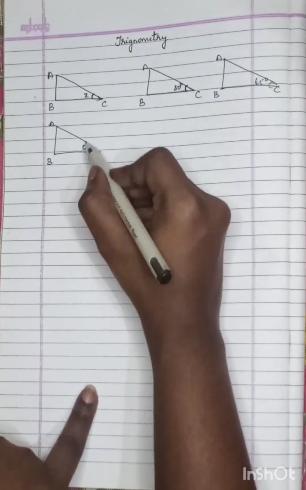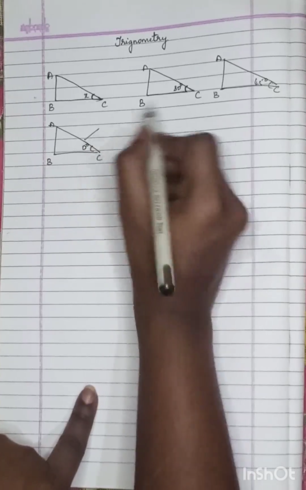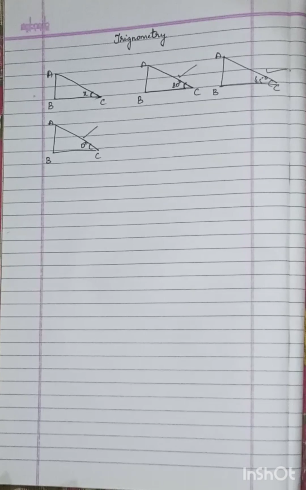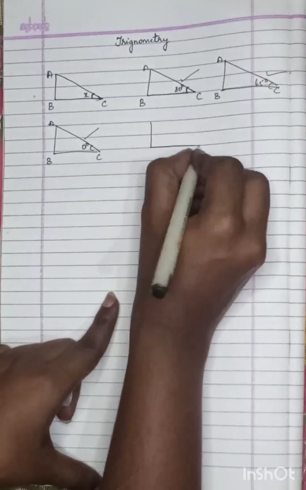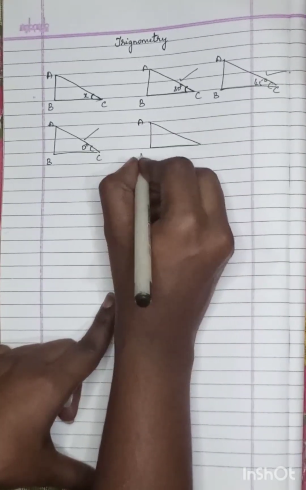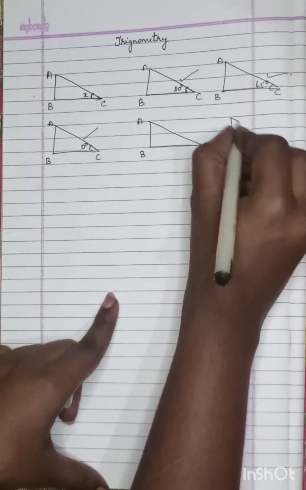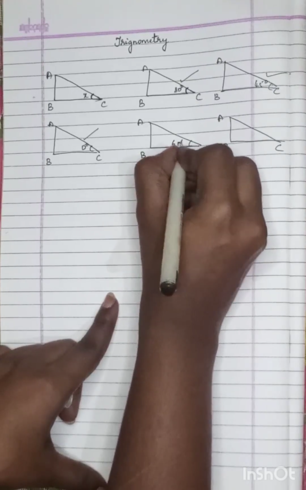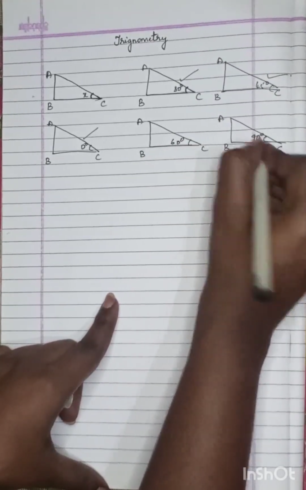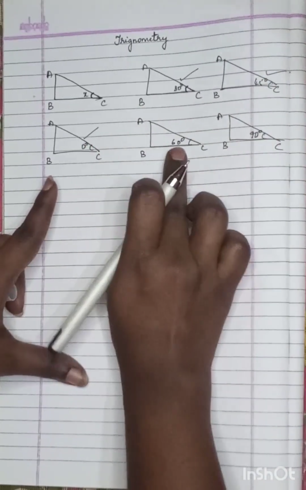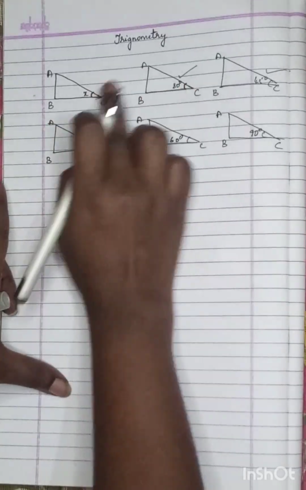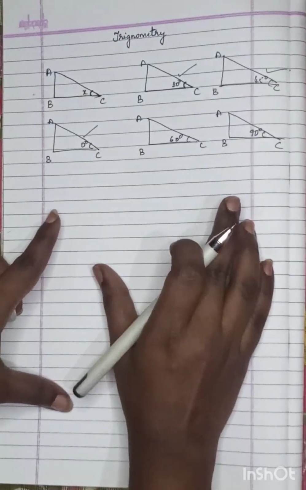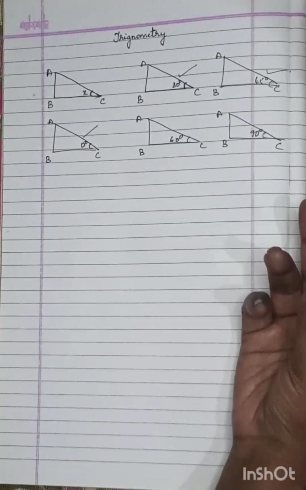So for each and every angle, for 0 degree, for 30 degree, for 45 degree, and we have for 60 and 90 degree, let us write down those triangles also. For each and every theta angle in the trigonometric table, there is a particular value given.